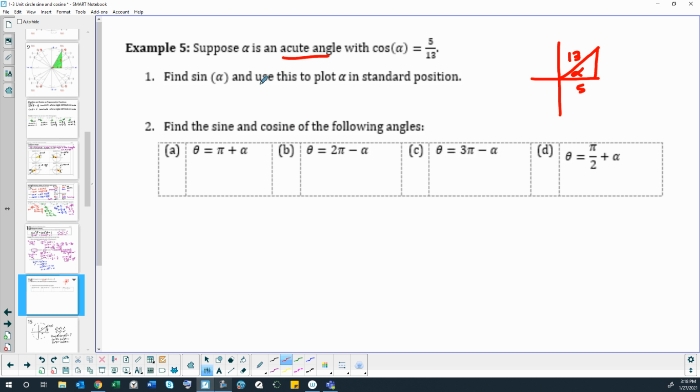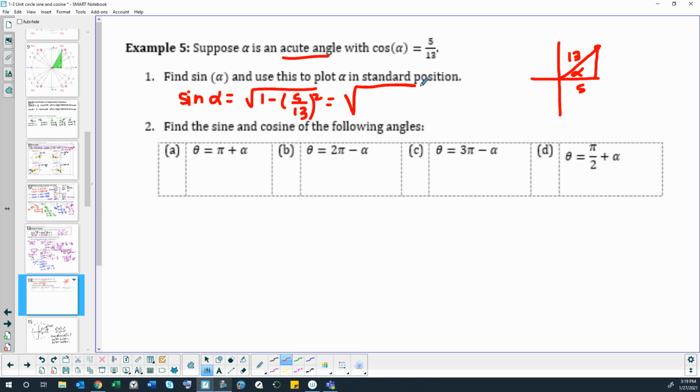It's not perfect. It'll be better after I find sine, because then I could stick to some sort of grid and have that at a specific point. Okay, so to find sine of alpha, I'm going to abbreviate what we've been doing, which is the square root of 1 minus 5/13 squared.